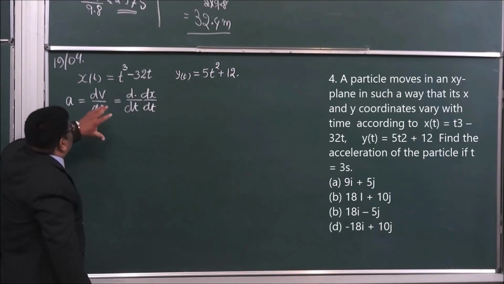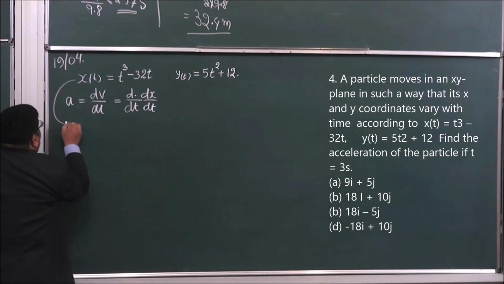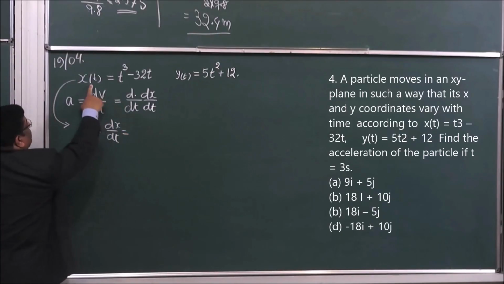Okay, so this is the equation, but how to solve it? The answer is we will solve it in 2 steps. Step 1, we will find out v, which is equal to dx by dt, and this is how much?